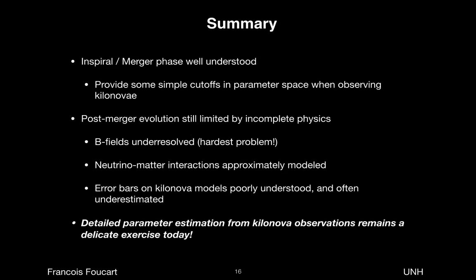And all of the other errors in going from outflows to kilonovae, which I didn't talk much about here today, but that are also very important in modeling these systems, that many other people here are more knowledgeable in than I am. So at this point, doing detailed parameter estimation from kilonova observations remains a very difficult exercise that we should do with a lot of caution.